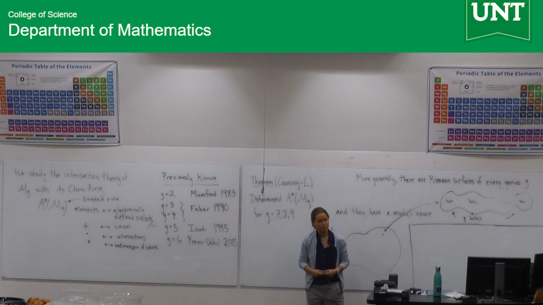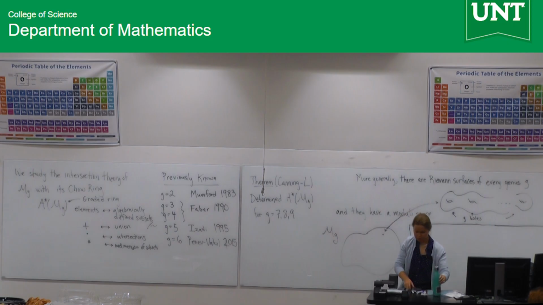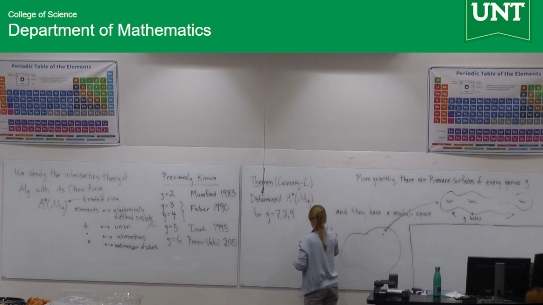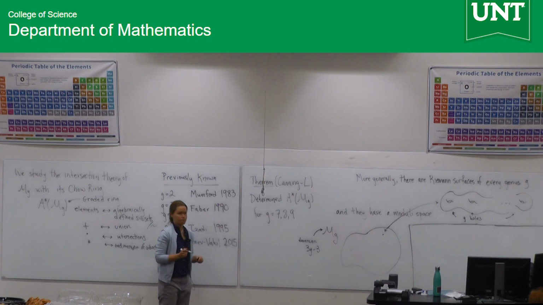So you said that the moduli space for genus 1 surfaces is one-dimensional. What are the dimensions of the other ones? What about 2 or 3? So in general, this thing, MG, has dimension 3G minus 3. So it gets bigger as the genus gets bigger.